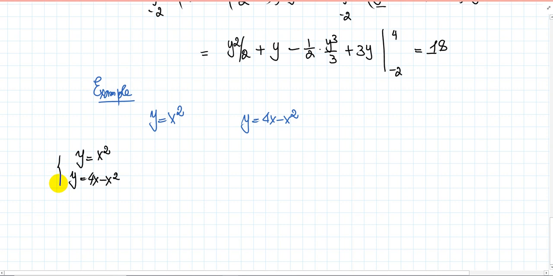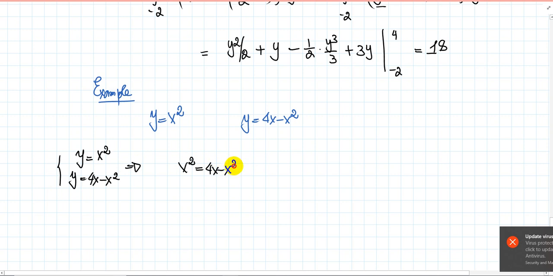Yes? So in order to do this, we can merge two equations, and we can write x squared is equal to 4x minus x squared. If you put everything to the left, it will be 2x squared minus 4x is equal to 0.